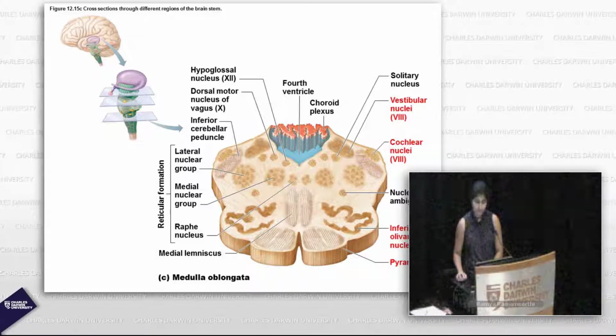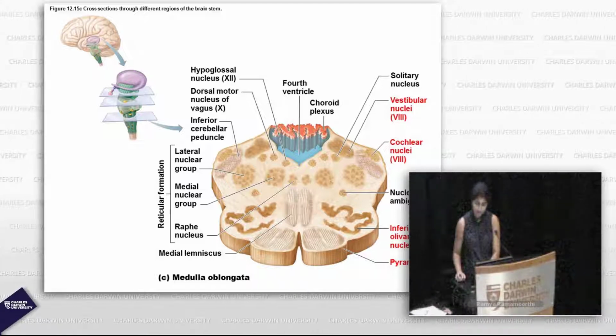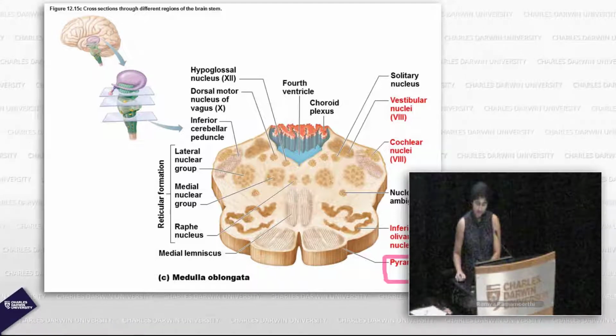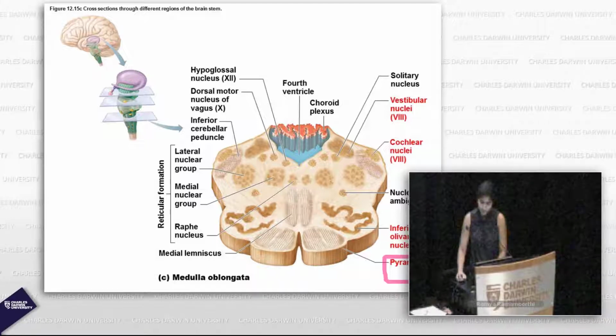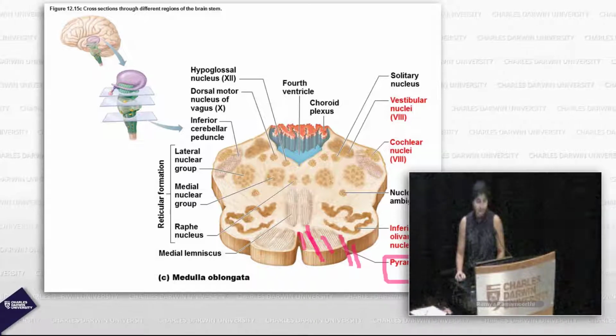If you look at that, first we'll talk about pyramids. What are pyramids? They are the ventral longitudinal ridges, as you can see. These ridges are formed by the pyramidal tracts that we already spoke about, which connect the motor cortex region.